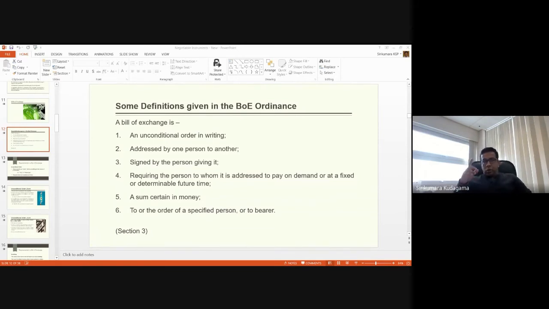I told you that it can be the same party in certain instances, but generally a bill of exchange is drawn by a particular party on another party, asking that party to pay a sum certain in money in those given circumstances to the specified person, or to the order of the specified person, or to the bearer. There are three possible potential payees here. The payment can go to one of them, right? That is the nature of a bill of exchange.